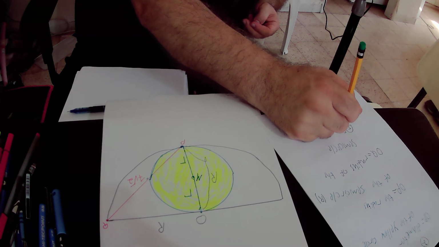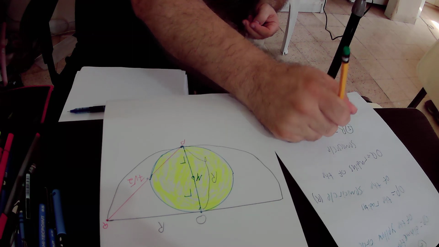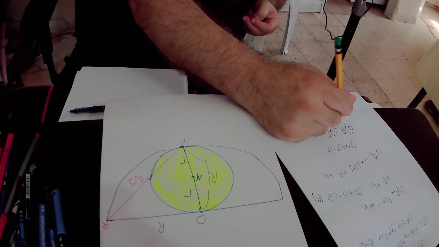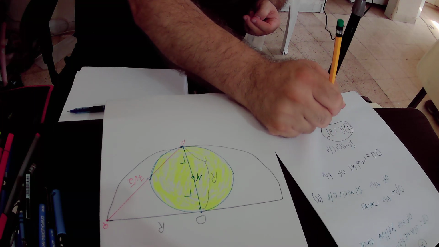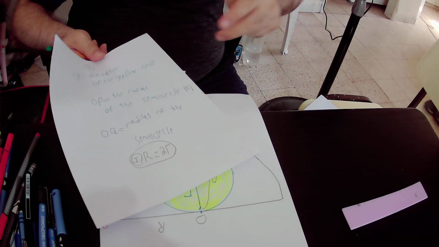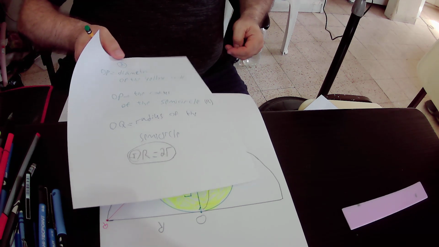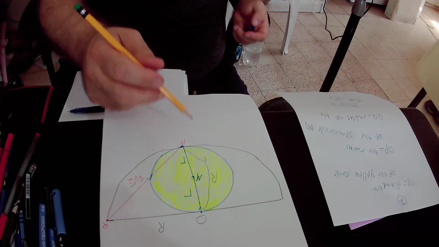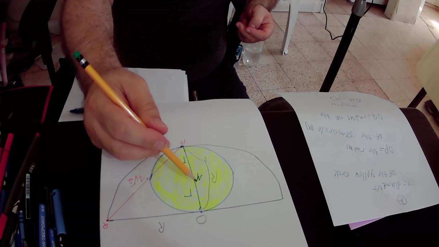Capital R equals 2 times small r, because you can see it from the drawing.